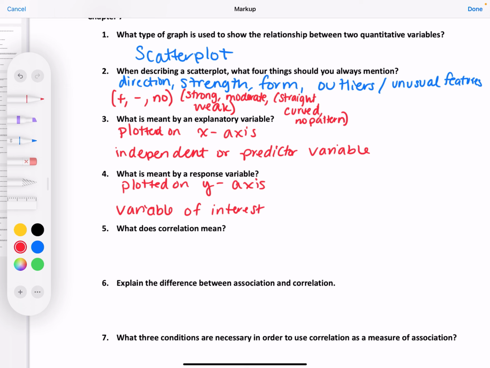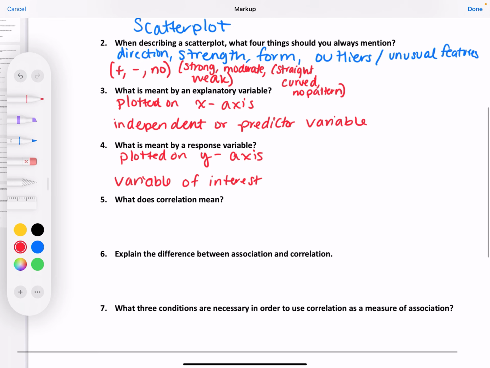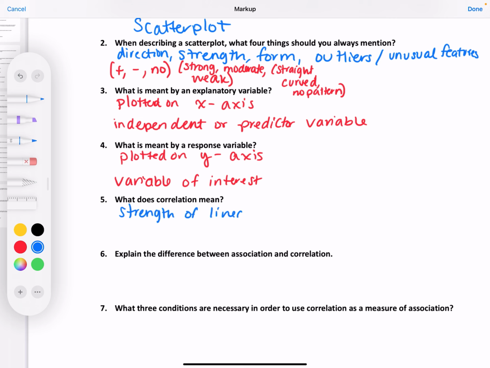Or dependent. What does correlation mean? It's kind of like the strength of the plots, or like how close they are together. Yeah. The strength of linear association between two quantitative variables.